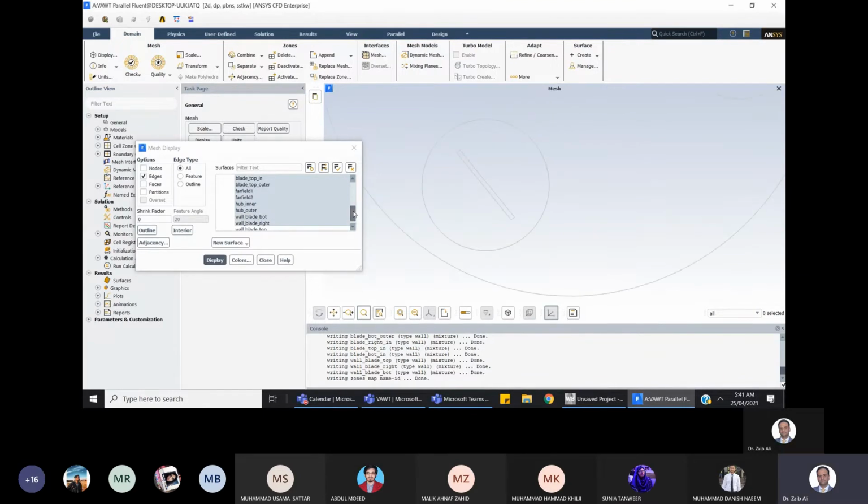Similarly, you have these blade shapes as well in the form of flat plates. Once you load it, you can display them one by one in order to have a clearer idea of what I'm talking about. Okay, so this is the overall domain we have.